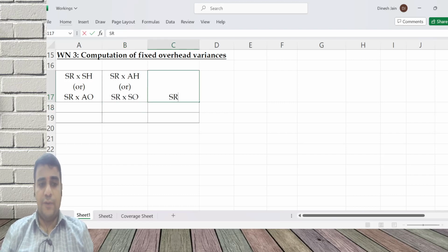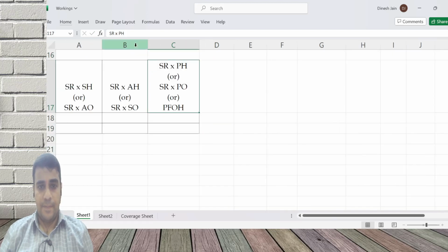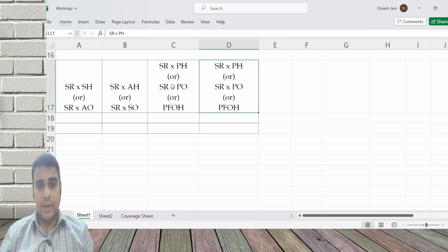You can do the chart if you want. SR into PH or SR into PO or PFOH, SR into BH, SR into BO or BFOH, and AFOH.